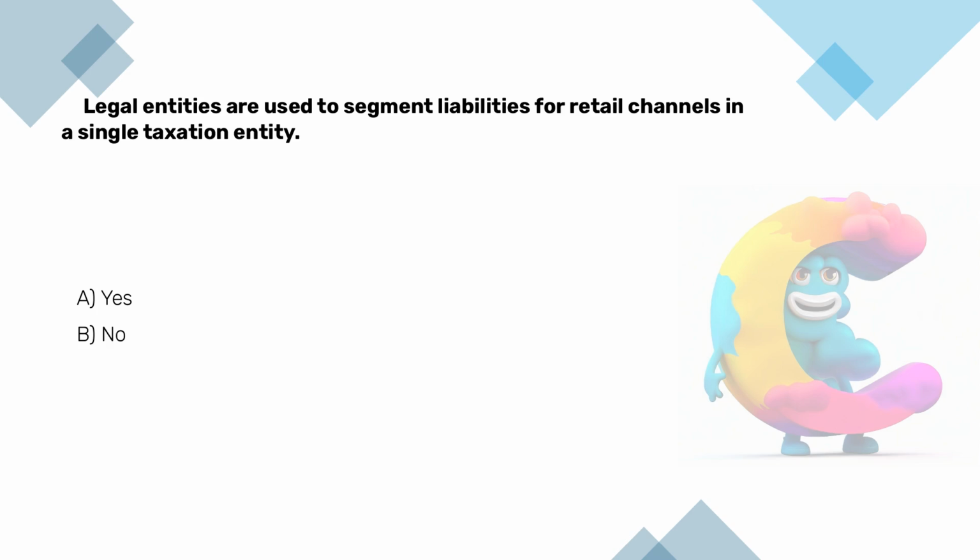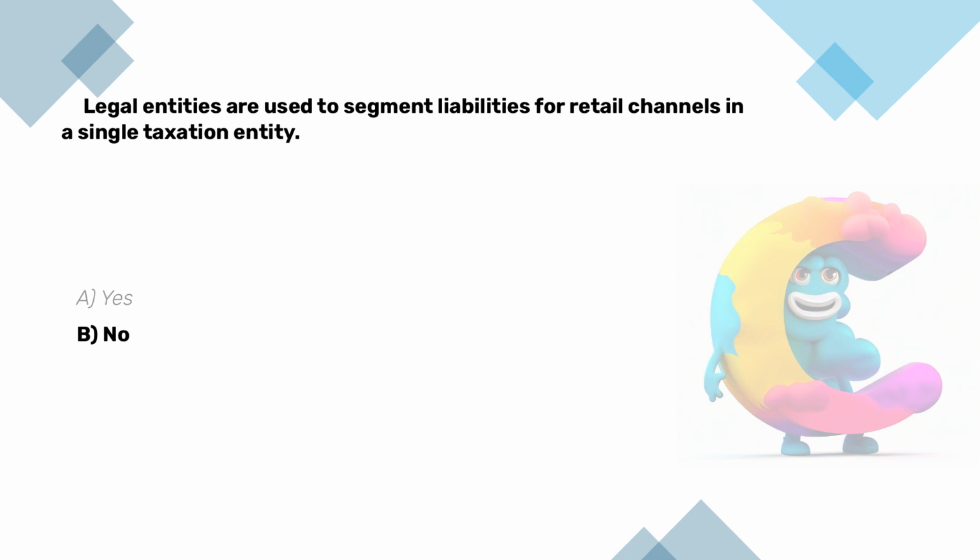Legal entities are used to segment liabilities for retail channels in a single taxation entity. Is it correct? Okay, now pause the video here. Have a bit of think and then continue when you are ready. No, legal entities are not specifically used to segment liabilities for retail channels within a single taxation entity.